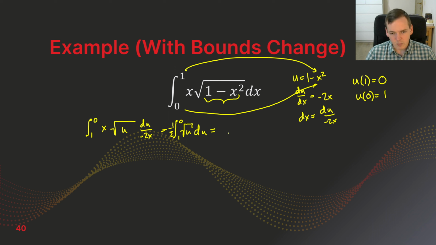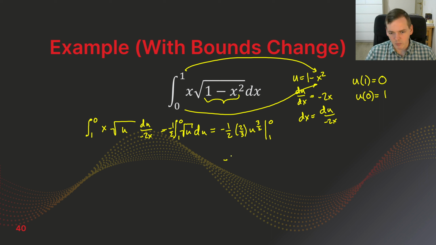And so this will be equal to negative 1/2 times the integral of u to the 1/2, times 2/3 u to the 3/2. But because I changed my bounds to be u, these are u values, so I don't have to plug back in the x that I had earlier.